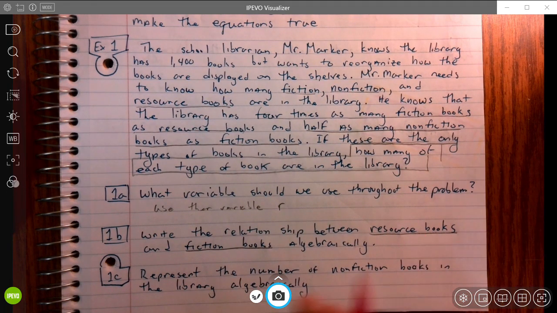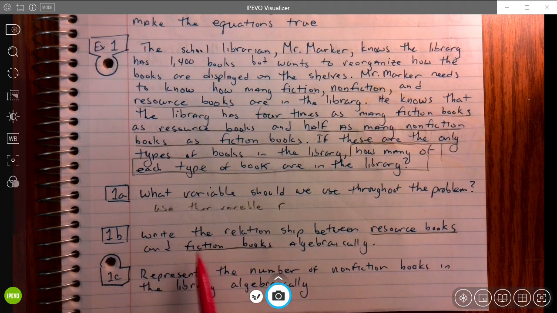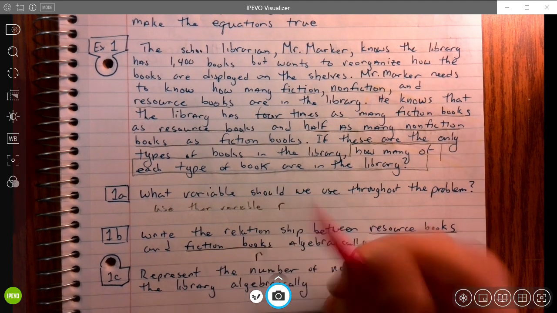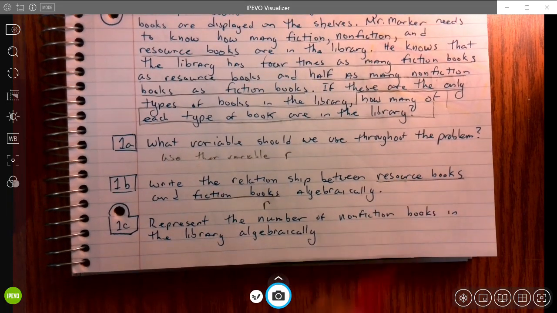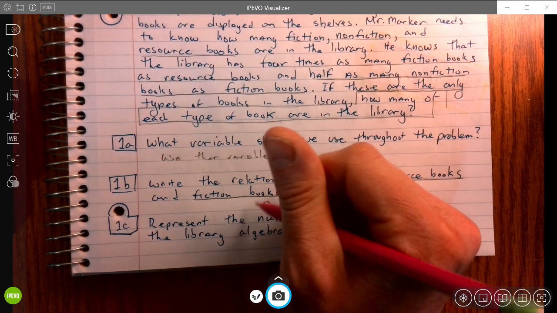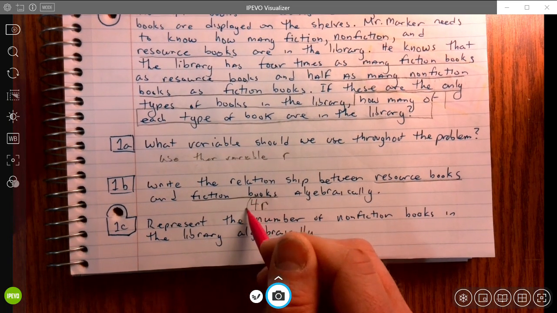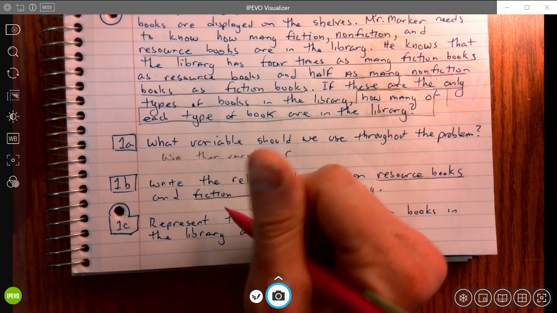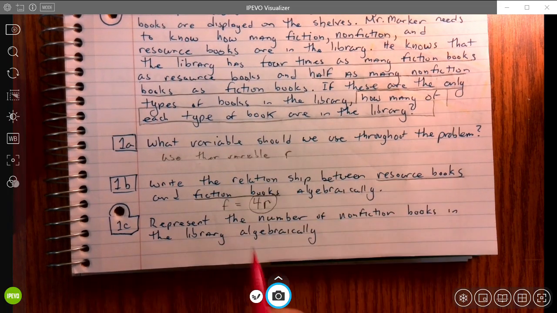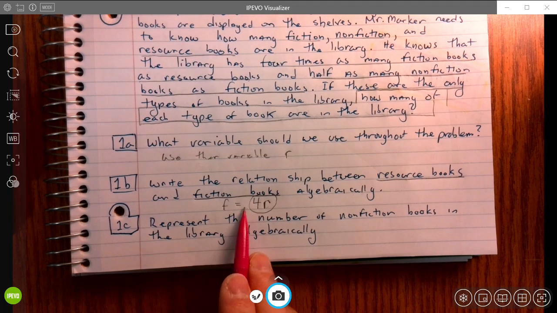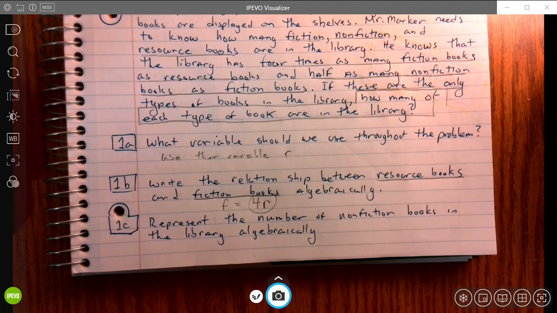Okay, well, if we want to know the relationship, we're saying that R is the amount of resource books. I can start by writing R. Okay, and if there are 4 times as many fiction books as there are resource books, I can write the expression for R. Okay, and that would be the amount of fiction books. The amount of fiction books equals 4 times the amount of resource books. Okay.